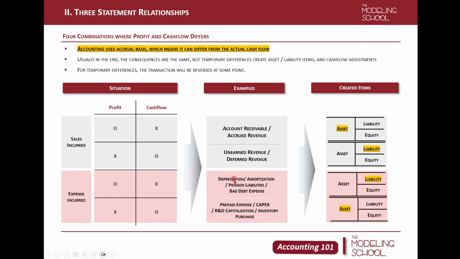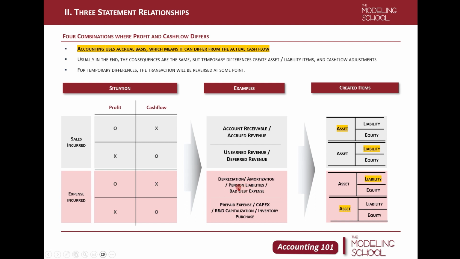We're going to look at the details a little bit later. But anyways, in the case of depreciation and amortization, it does not create a liability, but it rather decreases asset accounts.